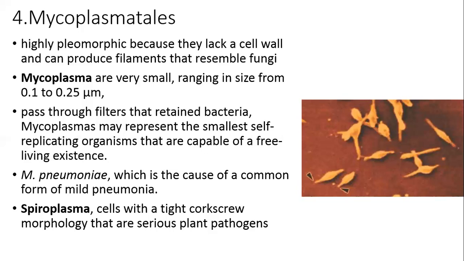Another genus of this order Mycoplasmatales is Spiroplasma, and Spiroplasma show corkscrew morphology, and they are serious plant pathogens. You need to post some examples of plant infections caused by Spiroplasma on the WhatsApp group.